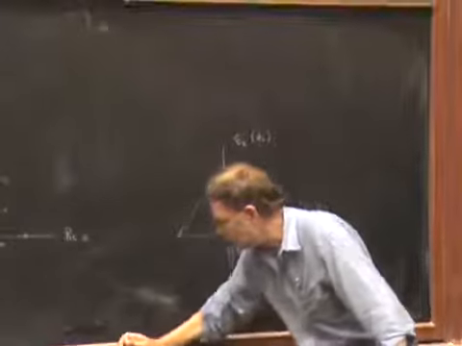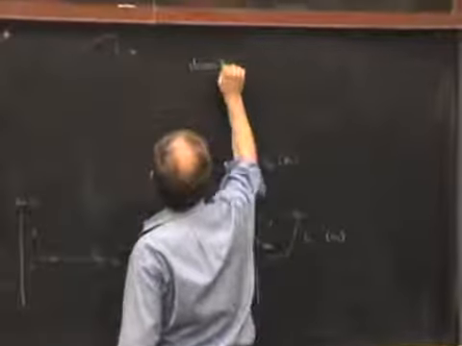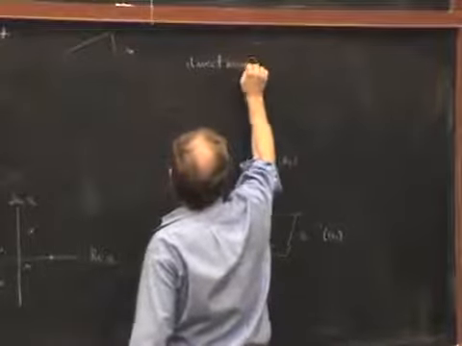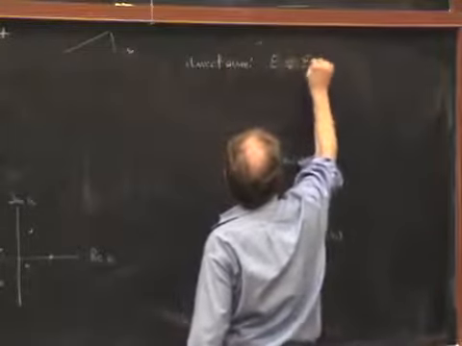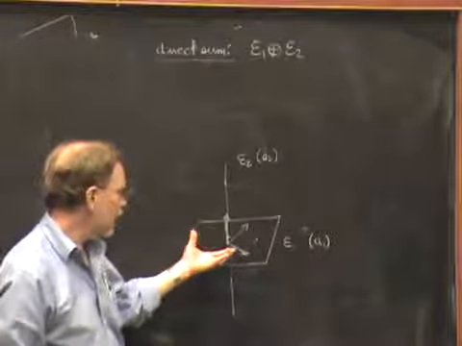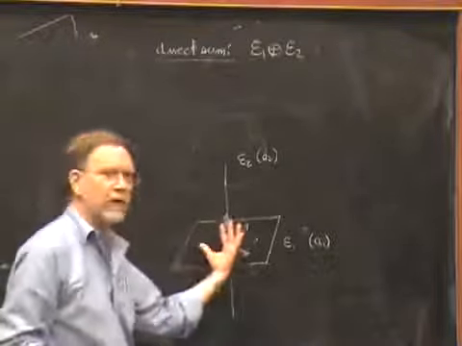Okay, well this leads me to a concept now. I want to tell you about the concept of the direct sum of two subspaces. The direct sum, which I'll denote by, in this case, for this drawing, let's talk about the direct sum of these two subspaces, E1 and E2. What this means is the direct sum of these two subspaces is just the set of all vectors you can get by making linear combinations of vectors that come from either one space or the other space.